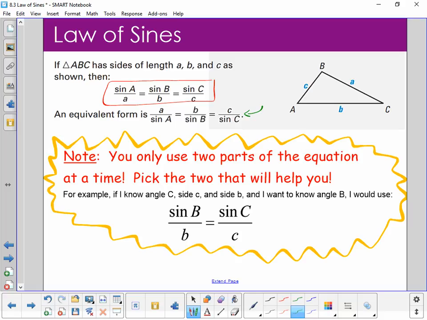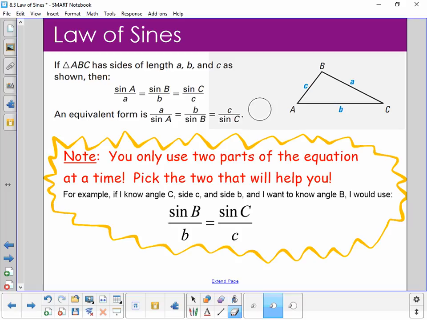Now, this equation that's written here, this law of sines, has three parts. Having just those three parts is shorthand. You never use all three parts at the same time. It's just sort of condensed into this three-part equation, but when you're actually using the law of sines, you only use two parts at a time. You pick the two parts that you need to use to help you solve your problem.